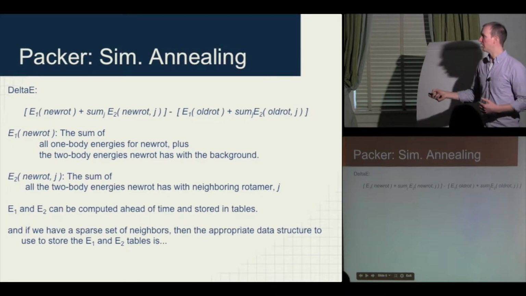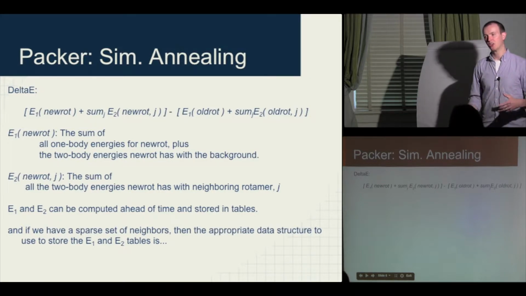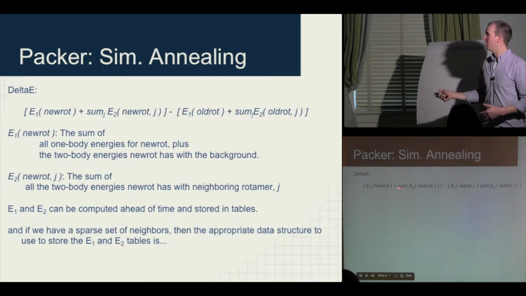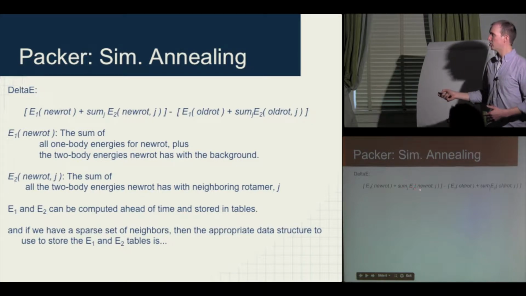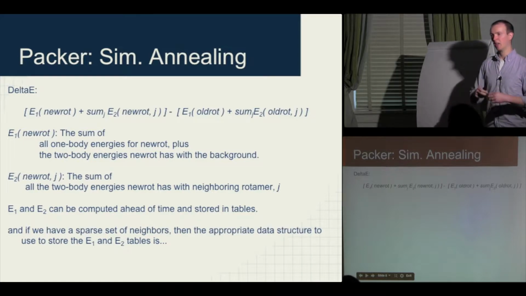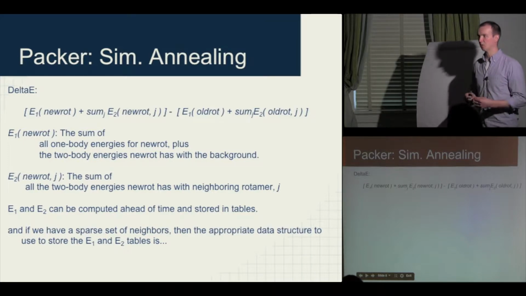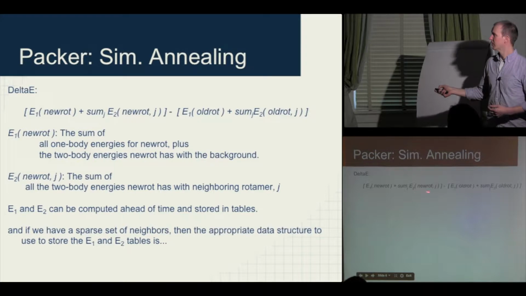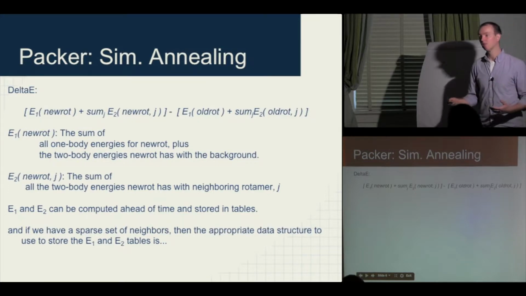But then we'll call E1 the sum of all of the terms that are one-body energies. And then the two-body energies would be the interactions of the new rotamer that we're substituting, the isoleucine in the previous example, with all of the surrounding neighbors. And that surrounding neighbor list will be given by the edges in a graph.